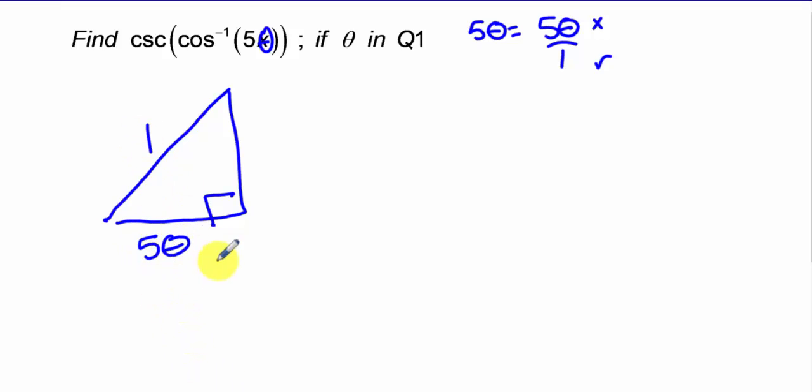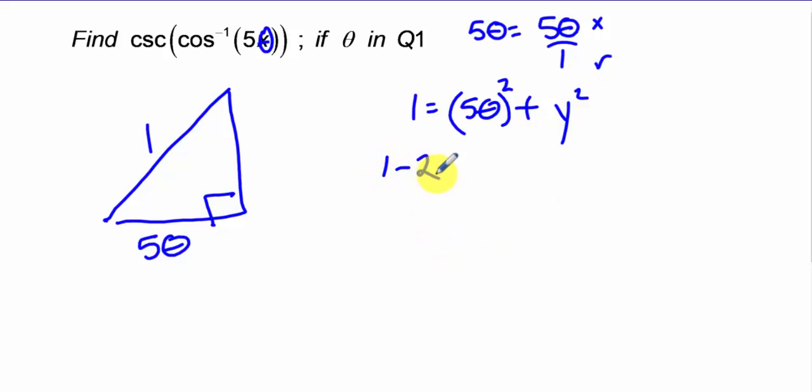And then I can find my y value by doing a Pythagorean. I have 1 equals 5 theta squared plus, I'll just call it y squared. So this is 1 minus 25 theta squared is equal to y squared.